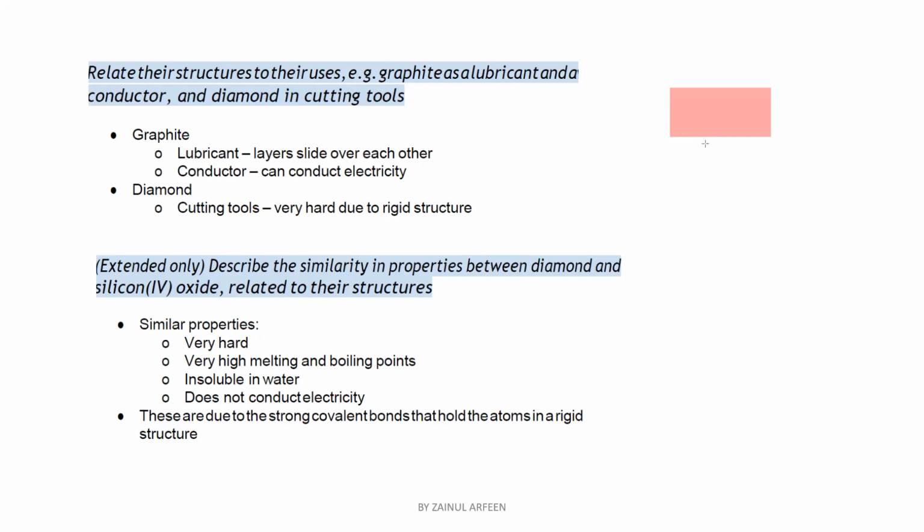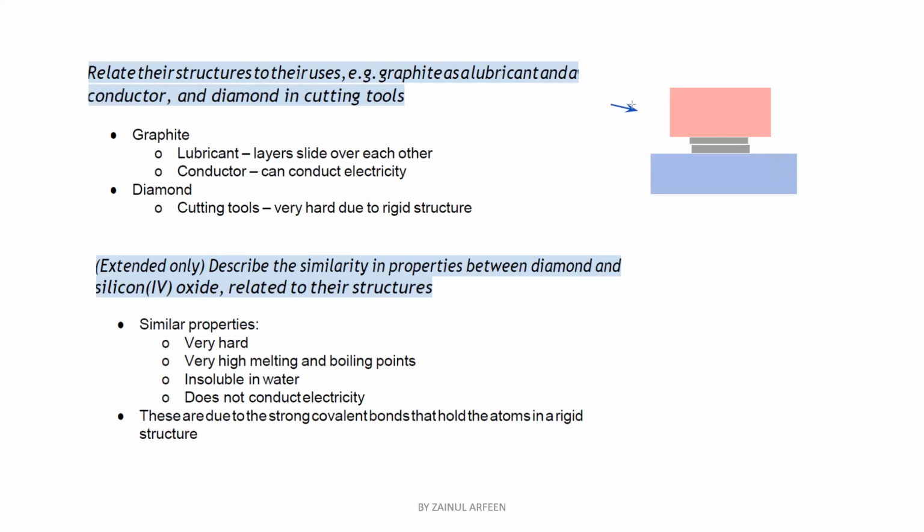When we put the graphite between the surfaces, for example, this is one layer of graphite and this is another layer of graphite.